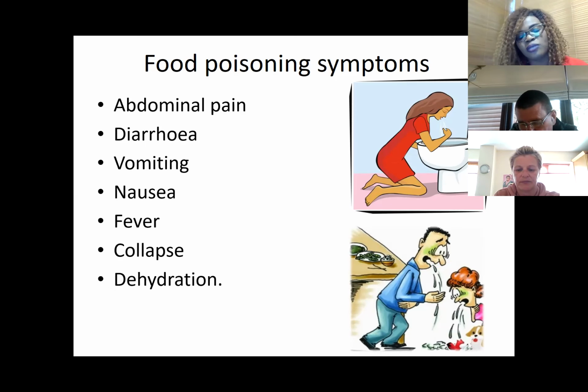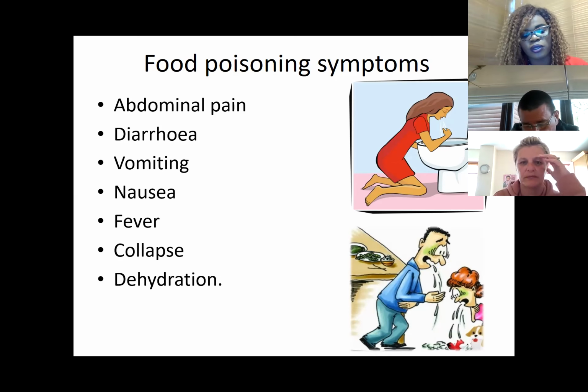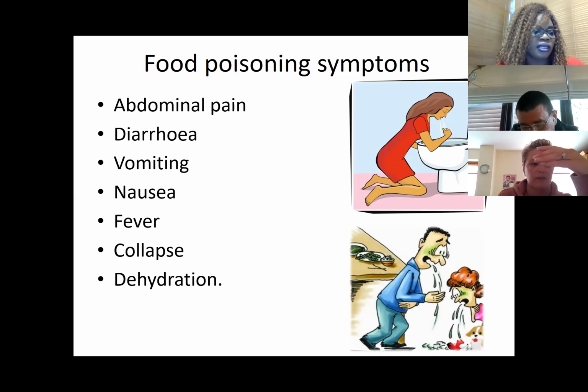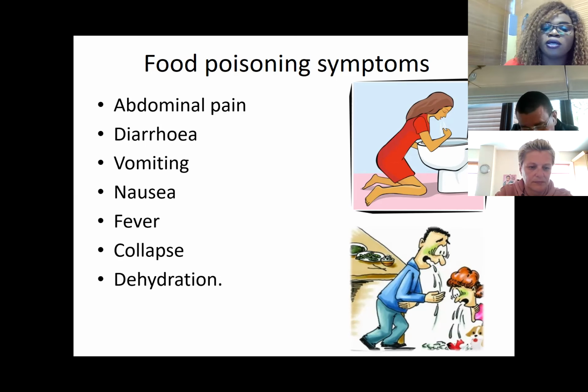But this is not exclusive to all the pathogens, so some people experience some symptoms, others will experience other types. Now, if it was intoxication, you have other neurological symptoms as well that will affect the nervous system, in the case of Clostridium perfringens, Clostridium botulinum, sorry.